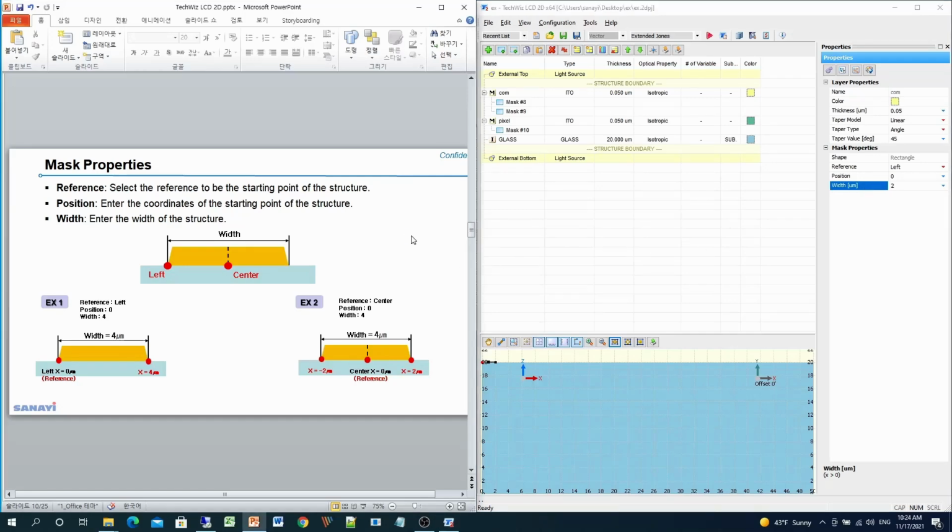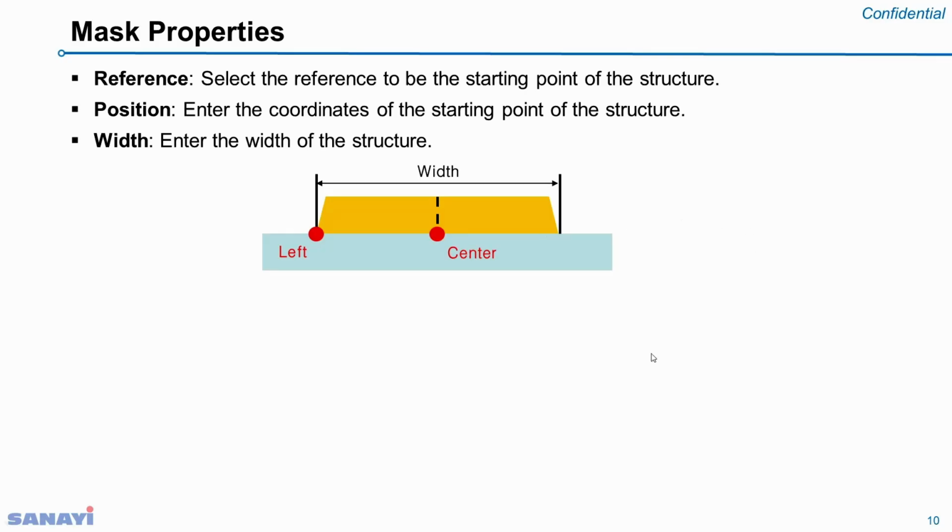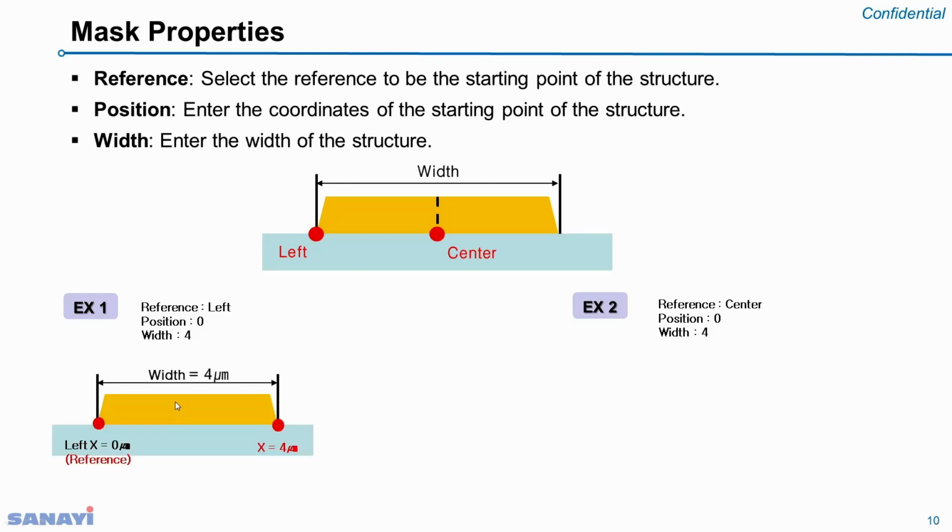So, I have 2 examples. I set width to 4 micrometers, reference to left, and position is 0 micrometer. In this case, the leftmost coordinate value of the mask will be 0 micrometer and the width will be 4 micrometers.